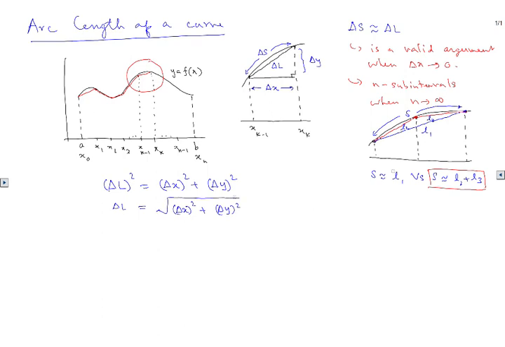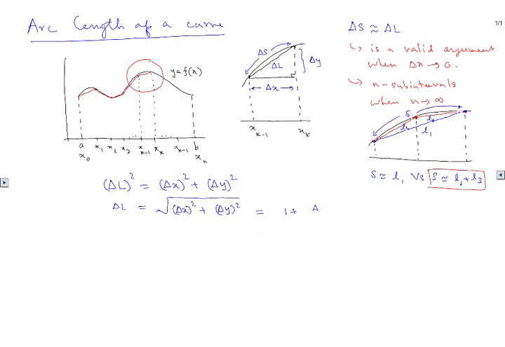Now we can make a really nice simplification. I'm going to pull delta x out. Pulling delta x out means pulling delta x squared out from inside the square root, so you simply divide inside by delta x squared.